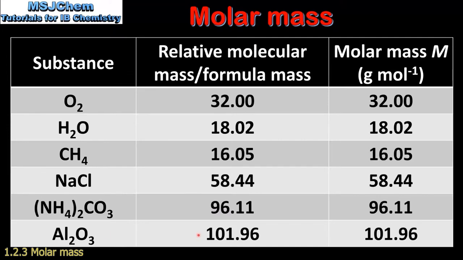Its relative formula mass is 101.96, and its molar mass is 101.96 grams per mole. So this highlights the point that relative molecular mass or relative formula mass and molar mass are numerically equal. The difference being that relative molecular mass and relative formula mass do not have units, whereas molar mass has the units of grams per mole.